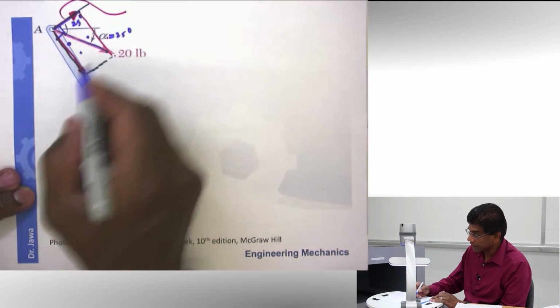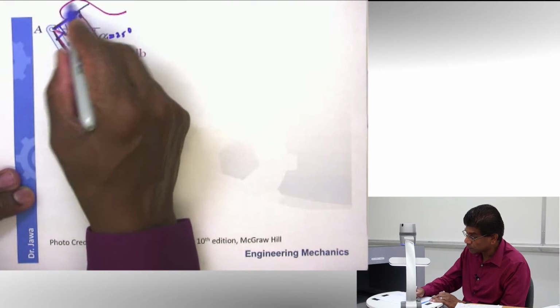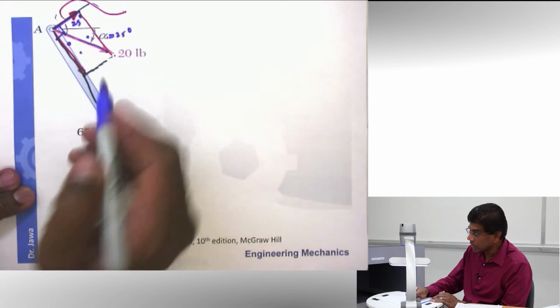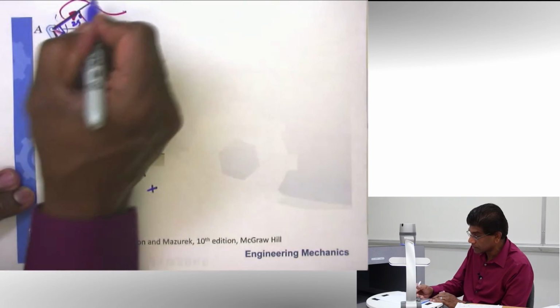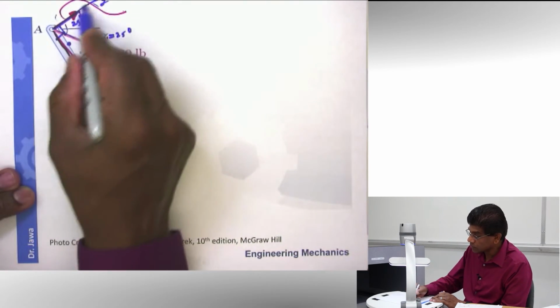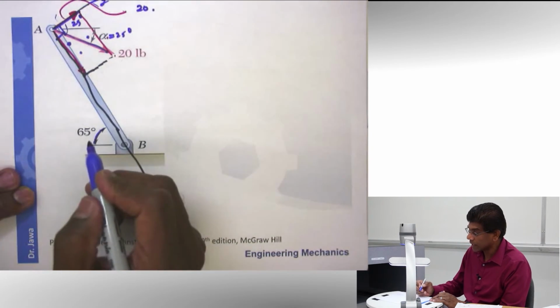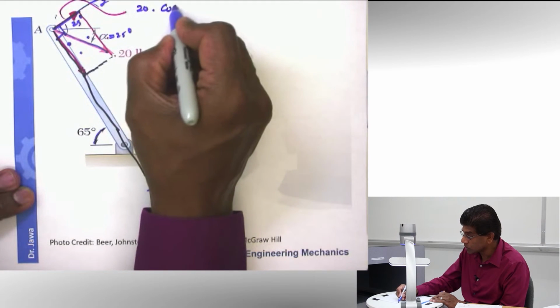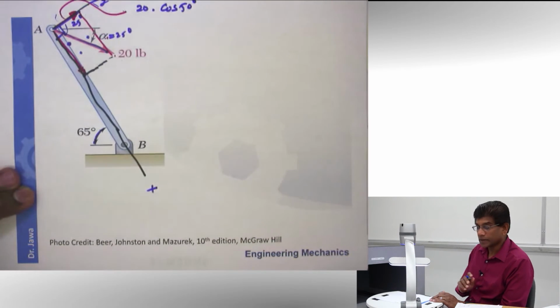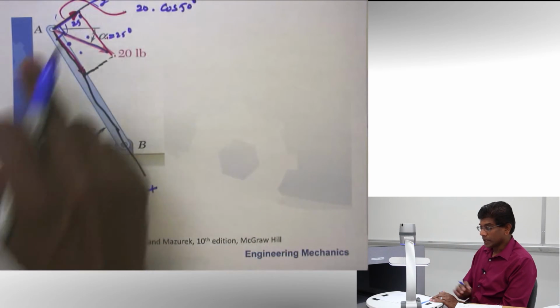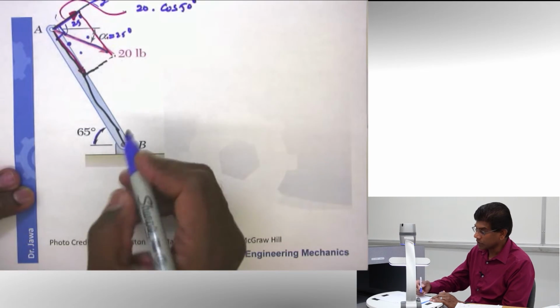This is 50 degrees. And therefore, the force along the y-axis, let's say this is your x-axis, this is your y-axis, would be equal to 20 pounds times cosine 50 degrees. Please make sure you understand that. It's simple trigonometry.